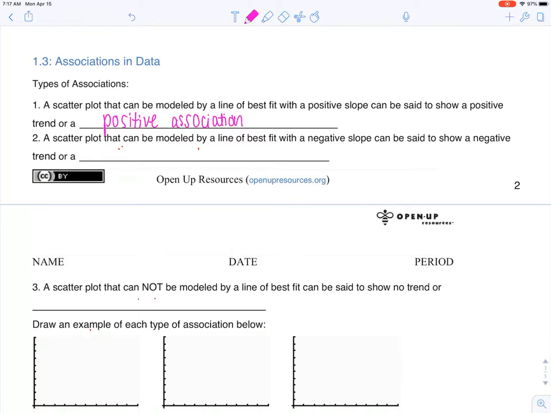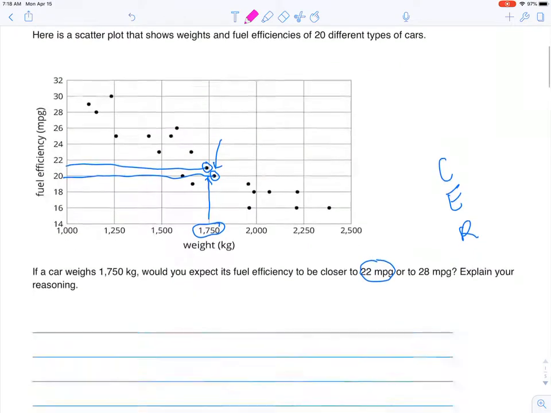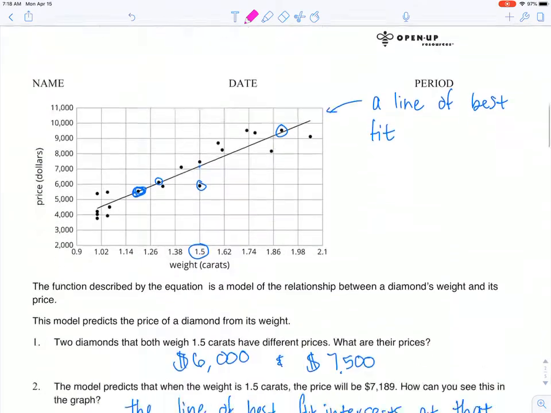Otherwise, like this next one, negative slope would be negative association. And we kind of saw this above with the weight of a car and fuel efficiency.